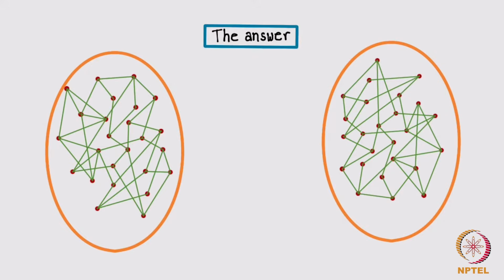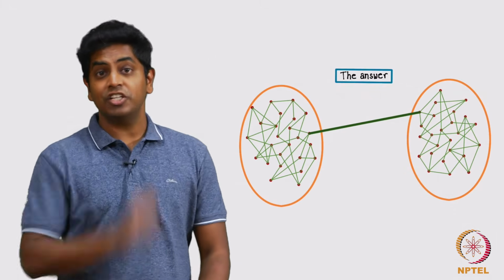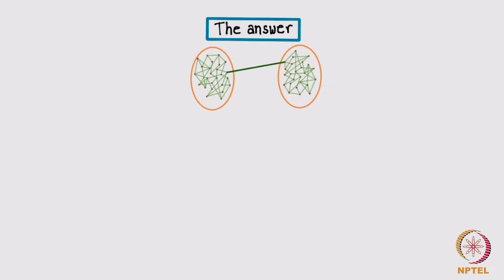It would look like this. With one connection, it would not have 2 clusters. 2 clusters would become 1 cluster. Out of 625 possible friendships, even if one friendship got executed, it wouldn't have led to this bifurcation.